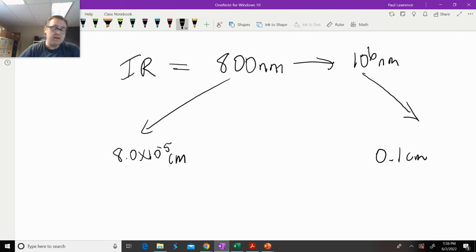Now, the wave number for each one of these is simply the inverse of it, right? 1 over 8.0 times 10 to the negative 5 centimeters. When you do that calculation, you get this.